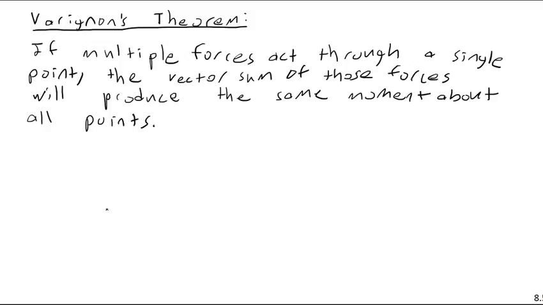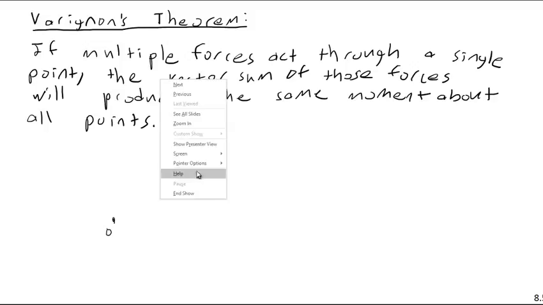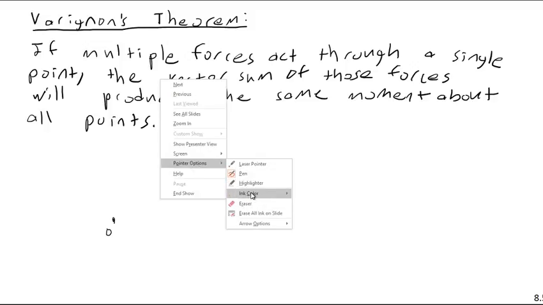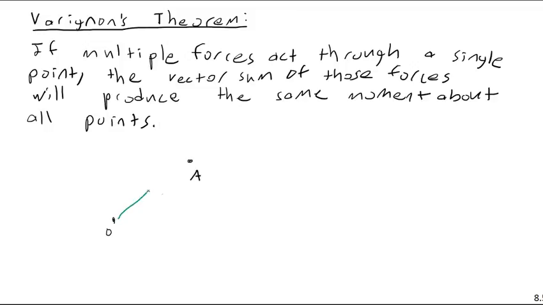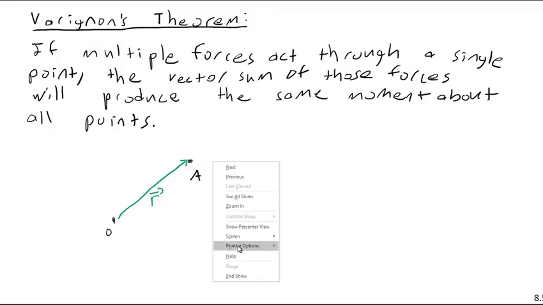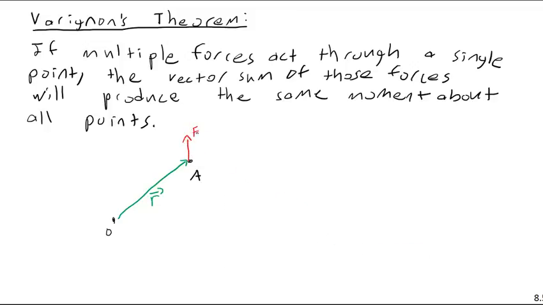So, what do I mean by this? Let's go back to the previous example. Let me draw something very similar. So I have point O, point A, and let me do a little green here for the R. And let's say I have several forces acting through point A: F1, F2, F3, just arbitrary forces.